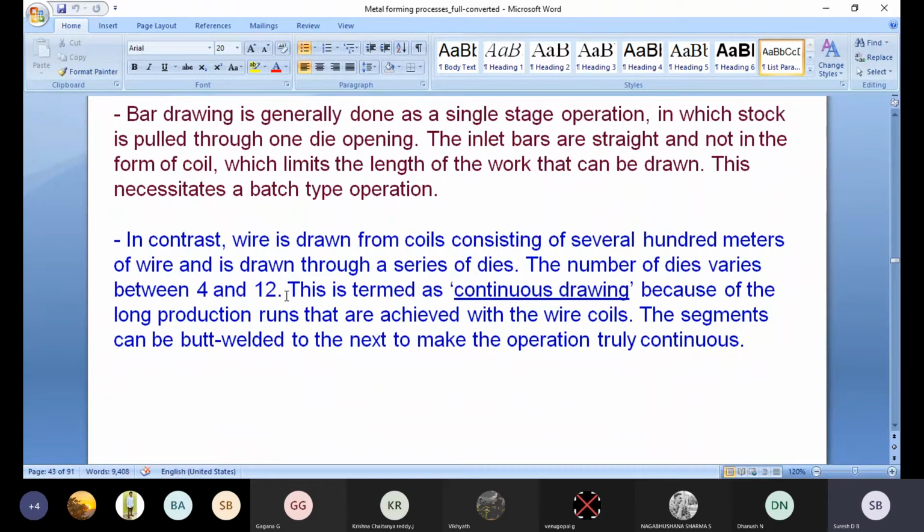I want 300 meters of coil or wire. At that time you can join all 3 wires by using butt welding. Finally you get 300 meters of wire. Like that you can manufacture all the wires.